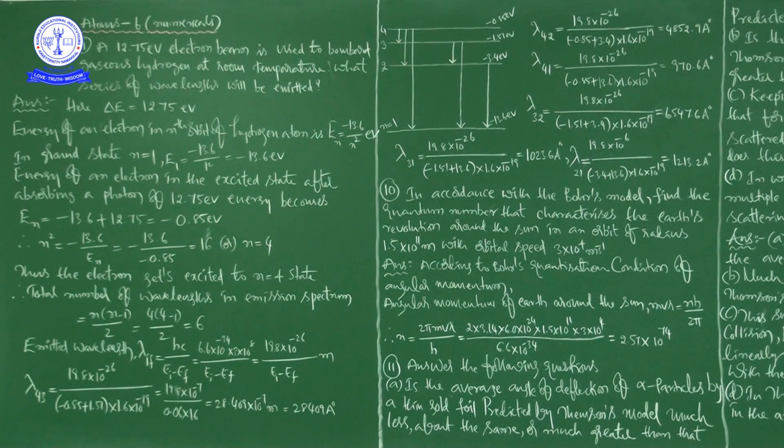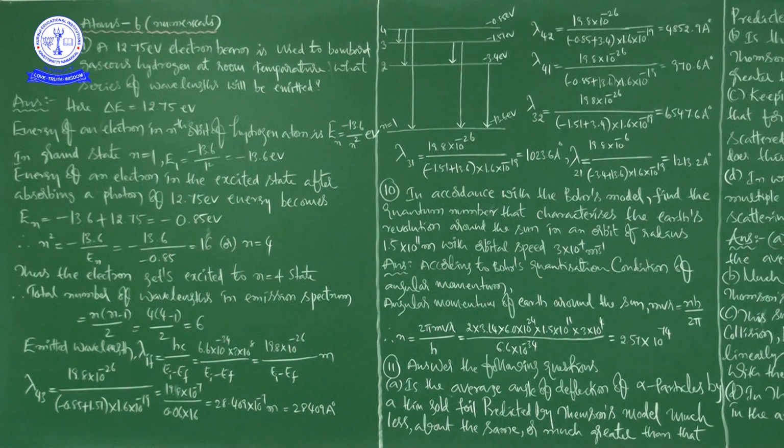With this you can find out the excited state by using the same formula, En is equal to minus 13.6 by n square. From this formula you can write n square as the subject: n square is equal to minus 13.6 by En. That is what he is writing here.